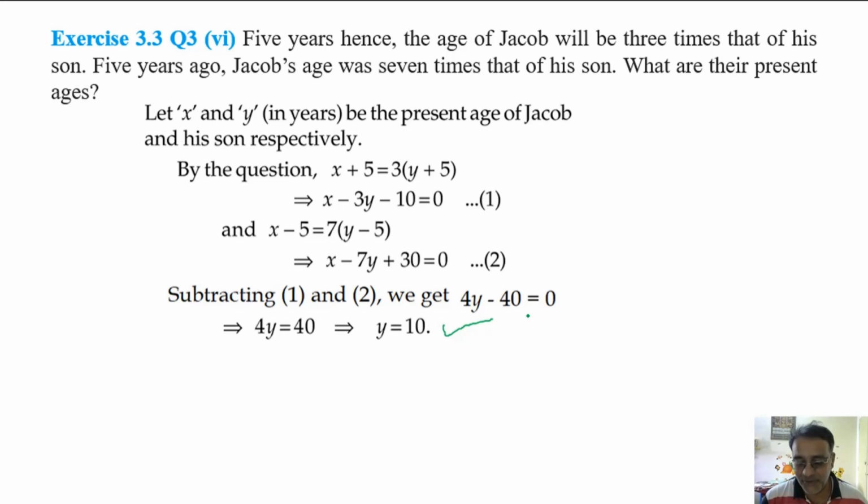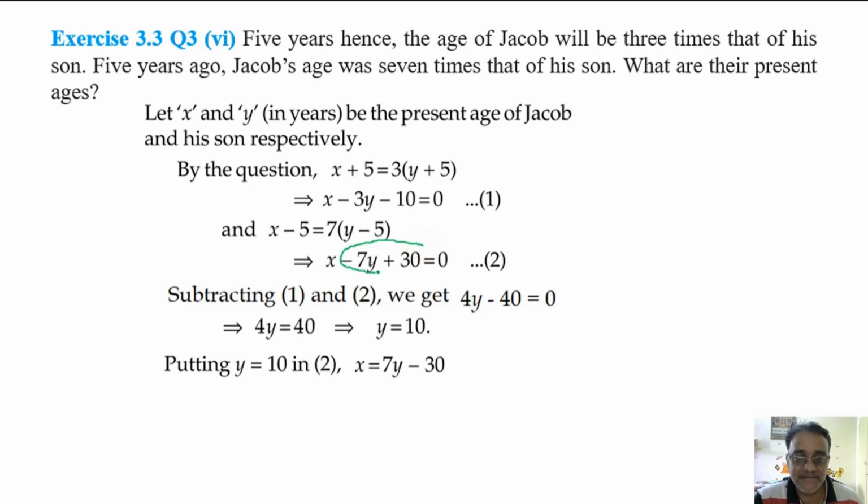Now what we will do, we will substitute this value of y in the second equation. If we substitute the value of y in the second equation, we will get x minus 70 plus 30 is equals to 0. Before that, shift these two to the right hand side.